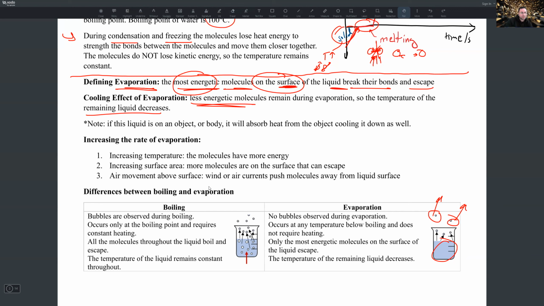Good. Now, one extra thing. If you have this liquid on an object, as it evaporates and cools down, it'll absorb heat from your body. If I get a sanitizer here, and I spray it on my hand, and I just leave it there, what's going to happen to my hand eventually?